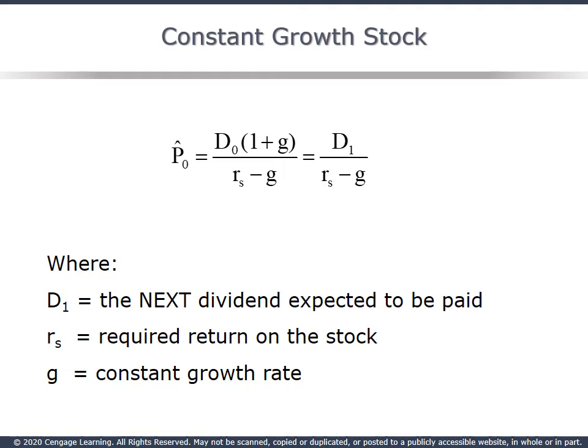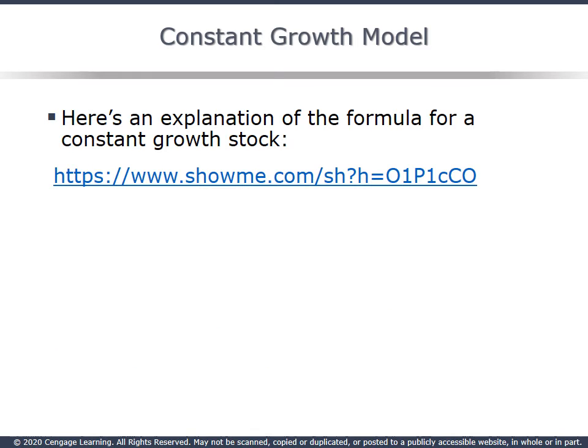The current expected price is equal to the next dividend expected to be paid divided by the difference of the required return on the stock and that constant growth rate. For more explanation of this formula, you can click on this Show Me to see that.